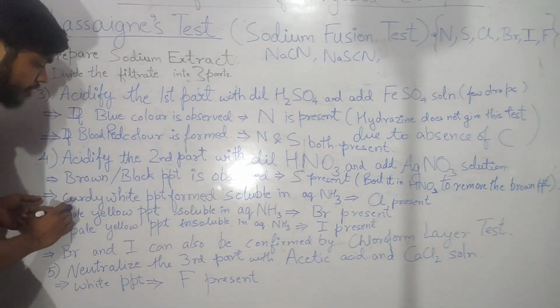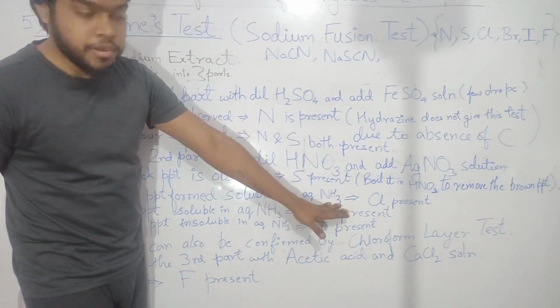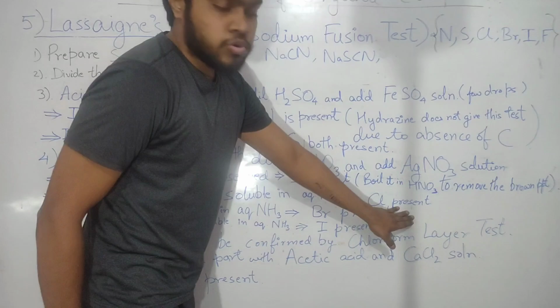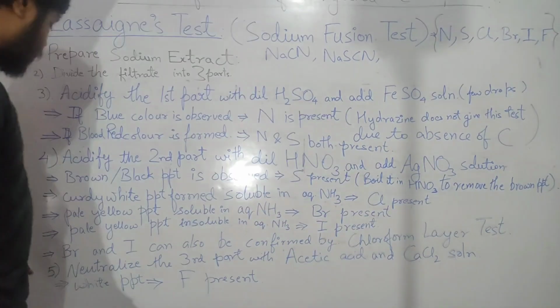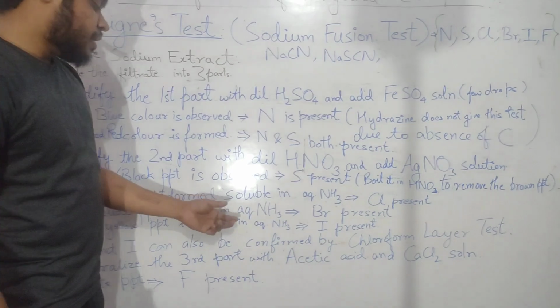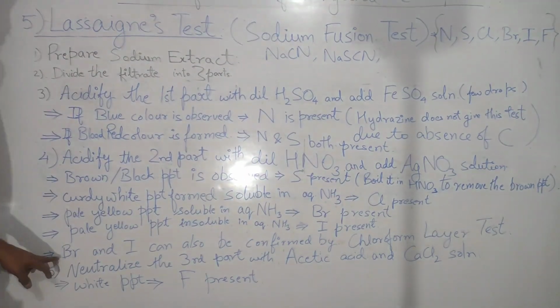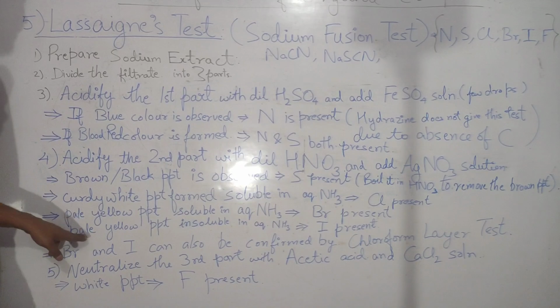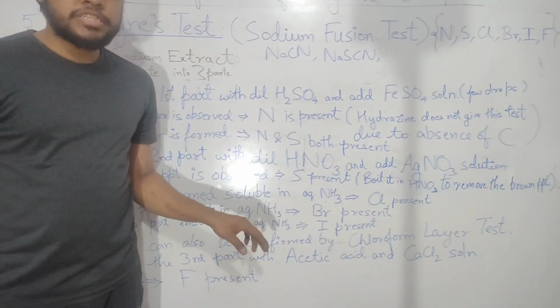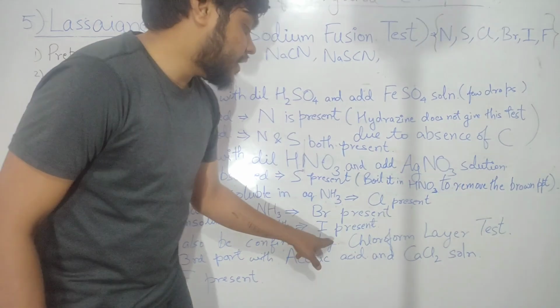Now, if curdy white PPT is formed, which is soluble in aqueous ammonia, chlorine is present. If pale yellow precipitate is formed, which is soluble in aqueous ammonia, bromine is present. If yellow precipitate is formed, which is insoluble in aqueous ammonia, iodine will be present.